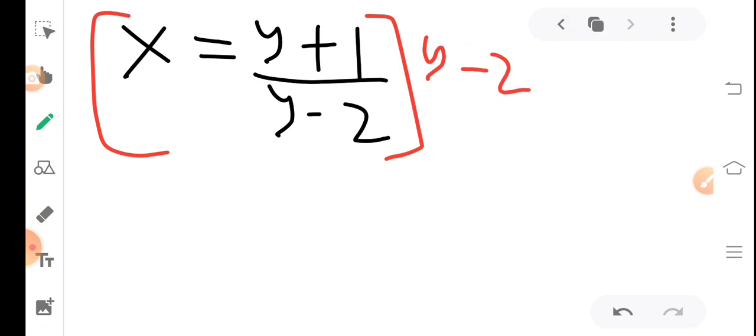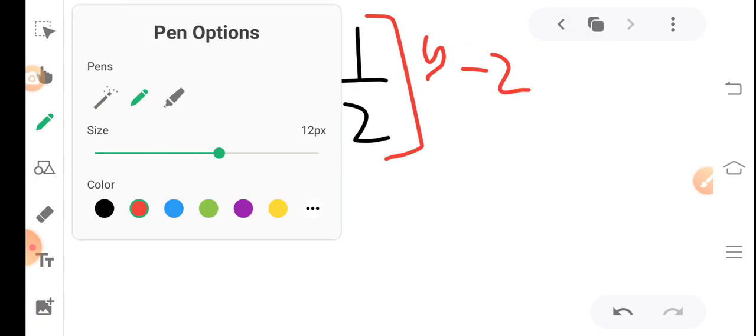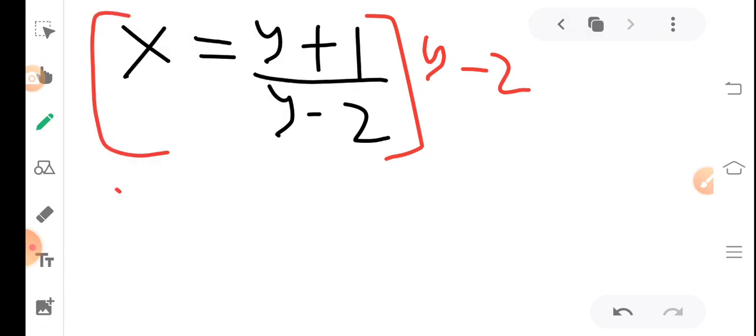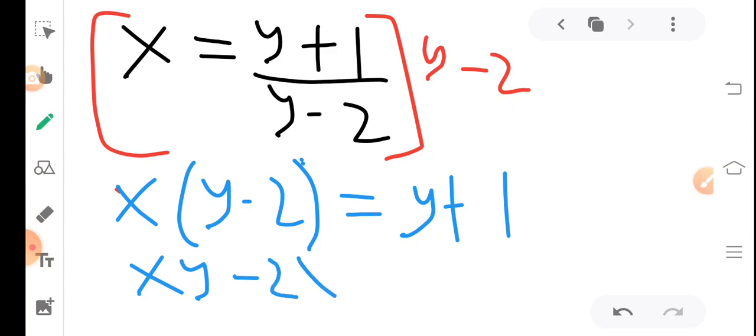The result is x times y minus 2 is equal to y plus 1. Then using the distributive property, we have xy minus 2x is equal to y plus 1.